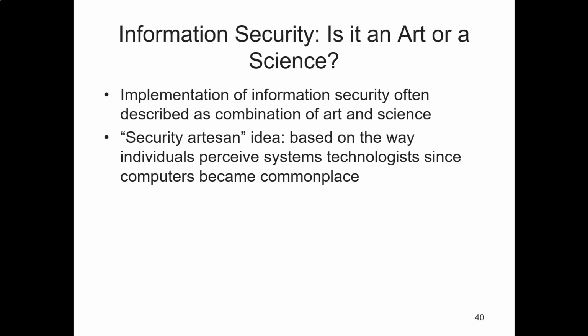One of the questions that might be asked about information security is: is it an art or a science? Looking at the complexity of information systems, in many cases the implementation of information security has been described as a combination of art and science.